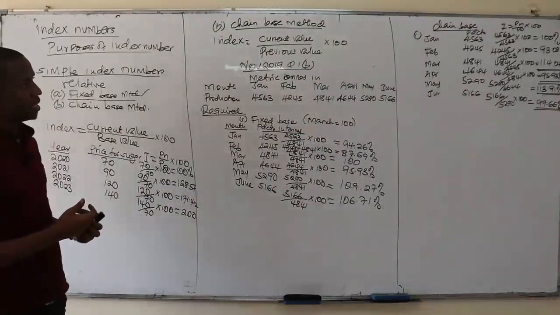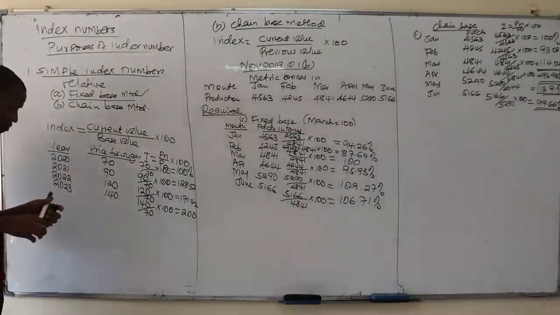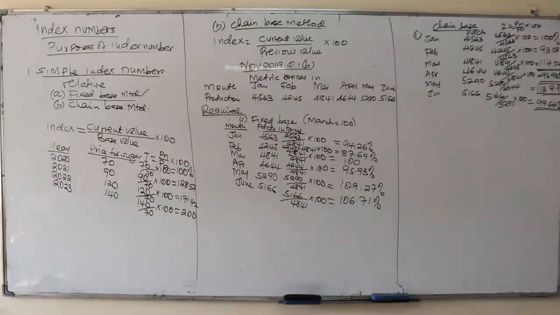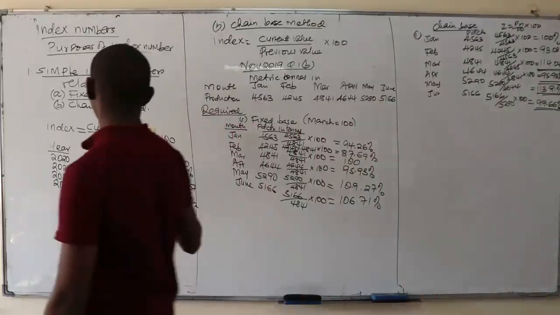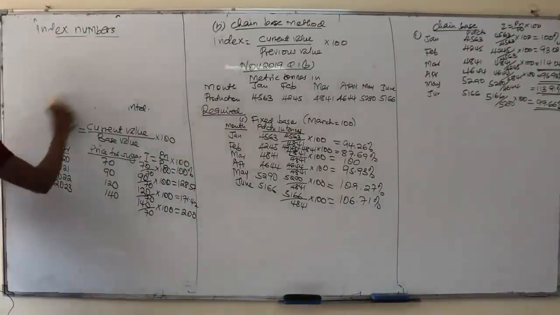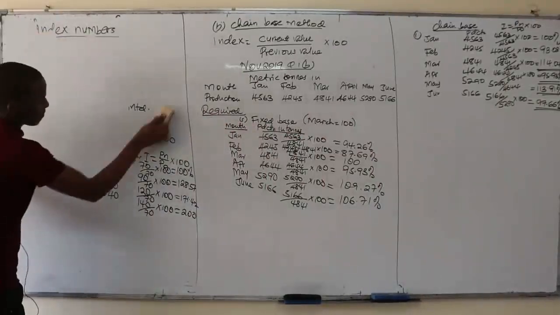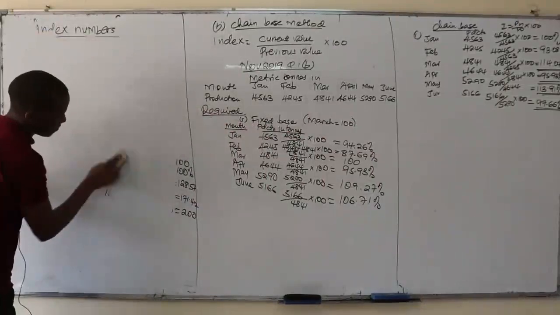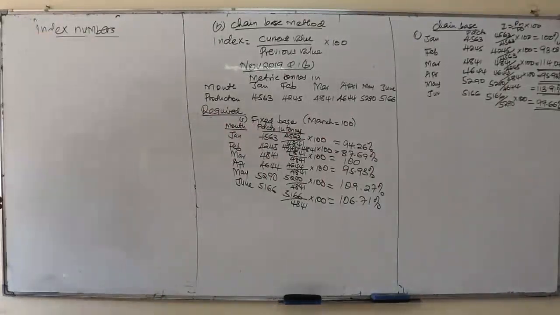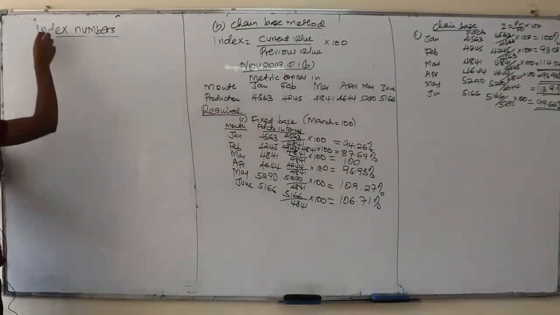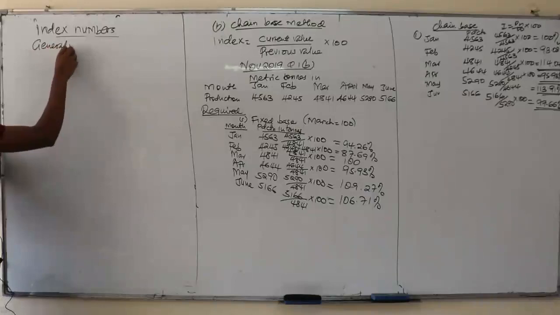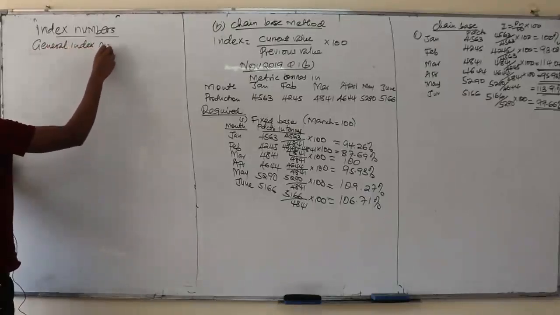Now the category number two of index numbers is what we call the general index numbers.